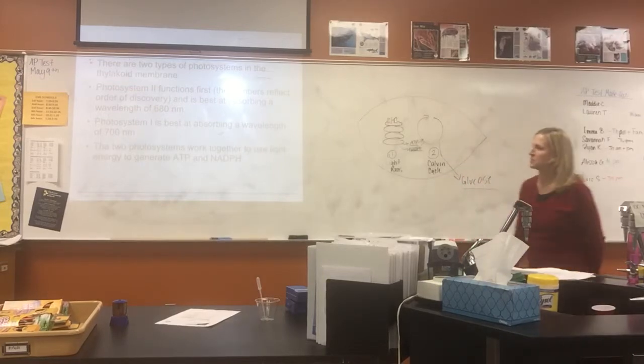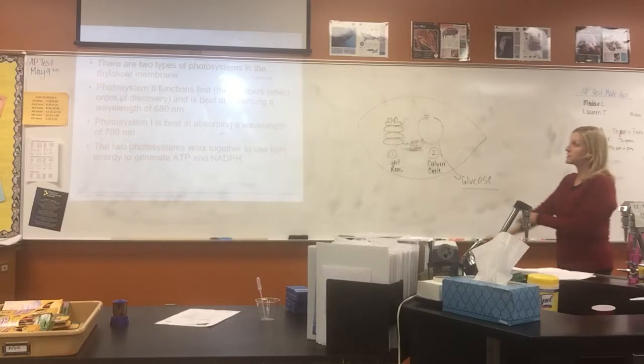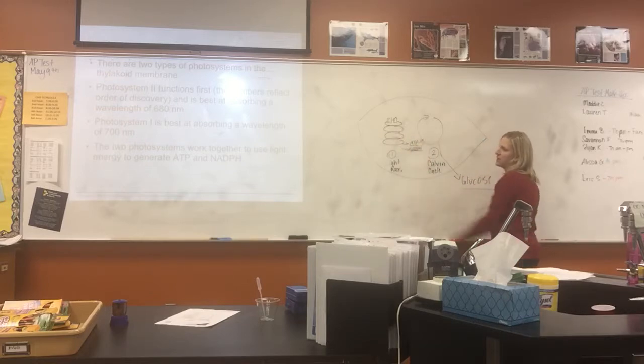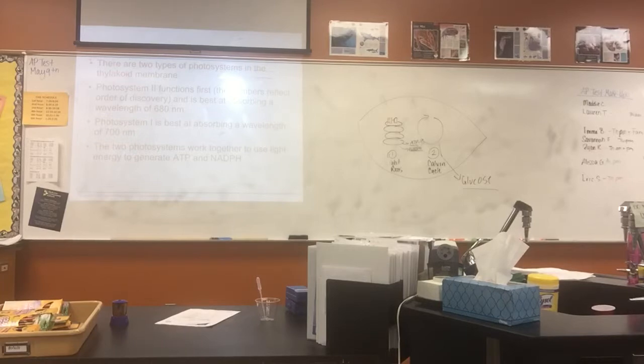Oh, I forgot there's one more bullet. And these two photosystems help the light reactions do what they're supposed to do, which is use light energy to generate your ATP and your NADPH. I'm going to come back to this in just a second.